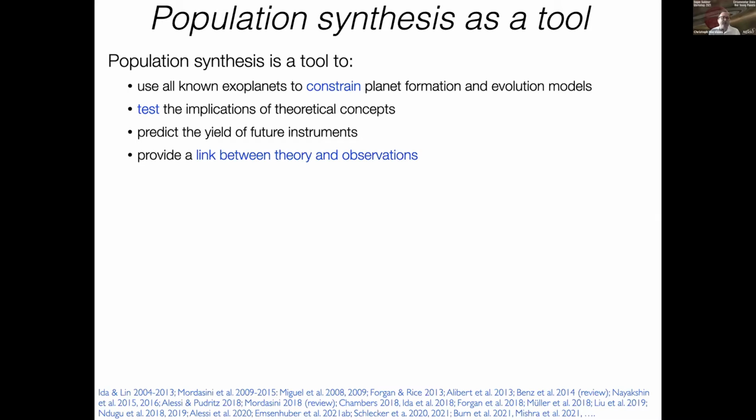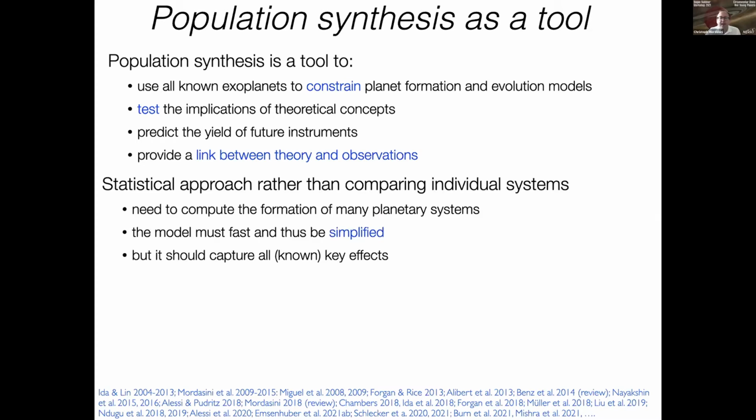It can also be used on the observational side to predict the yield of future instruments. And generally speaking, it provides a link between theory and observations. It is a statistical approach rather than comparing individual systems, which is, of course, important as well: the solar system, TRAPPIST, Kepler-11 and such. These are also important. But here, what we do is statistics.